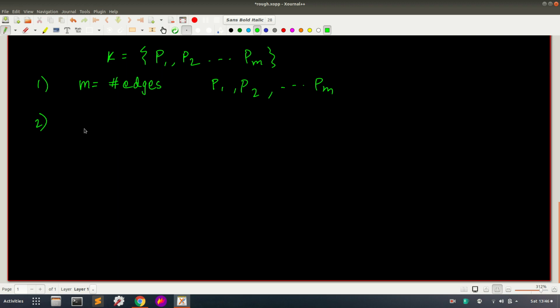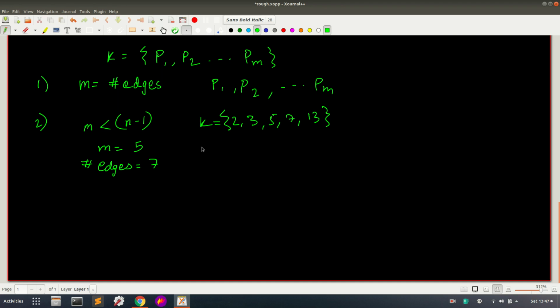Now in the second case, when m is less than the number of edges, which is n minus 1, let's consider that m equals 5 and the number of edges is equal to 7, and let's say that k is the product of these numbers.